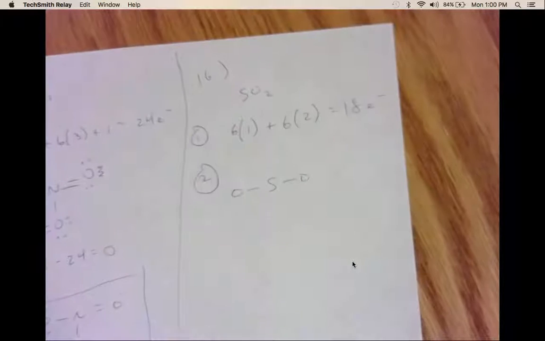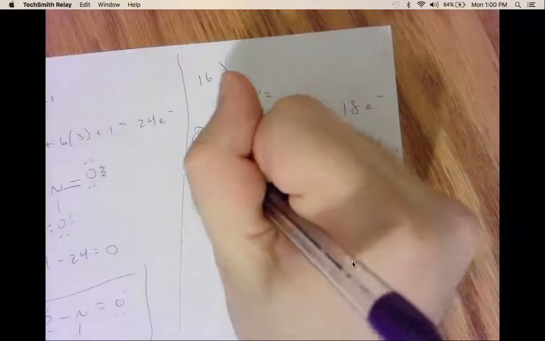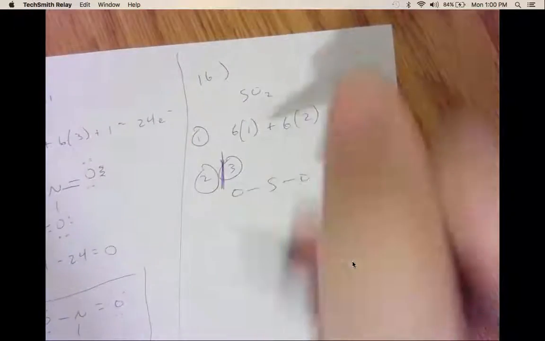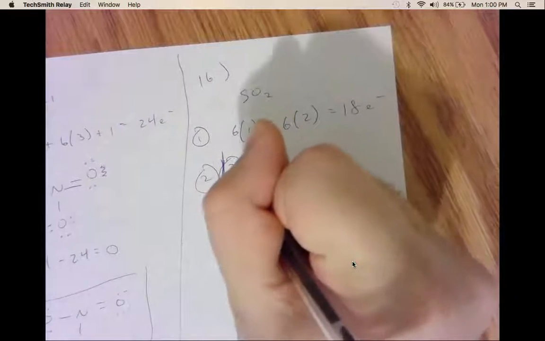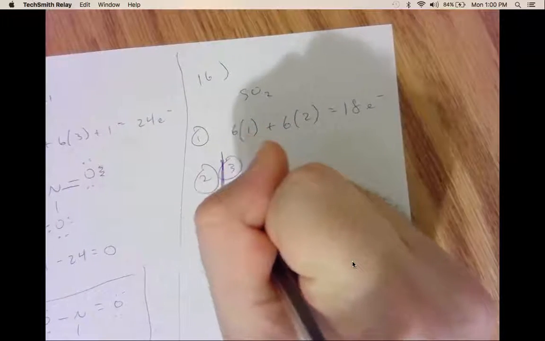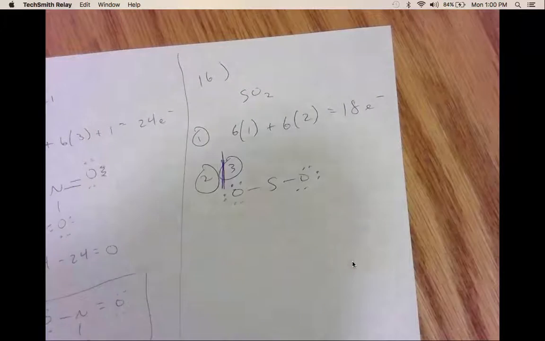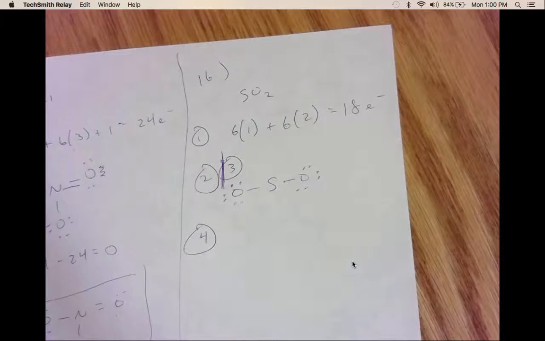So we draw our skeleton and we put 2 oxygens around it. Remember, I do step 2 and 3 at the same time just to save a little writing time. So then now we just add our dots to the outer atoms. We add 6 because they're not hydrogens. So now step 4 is to see how many we have left over.